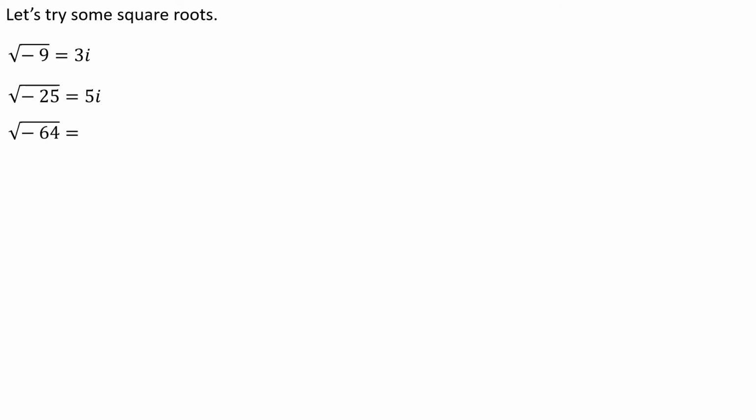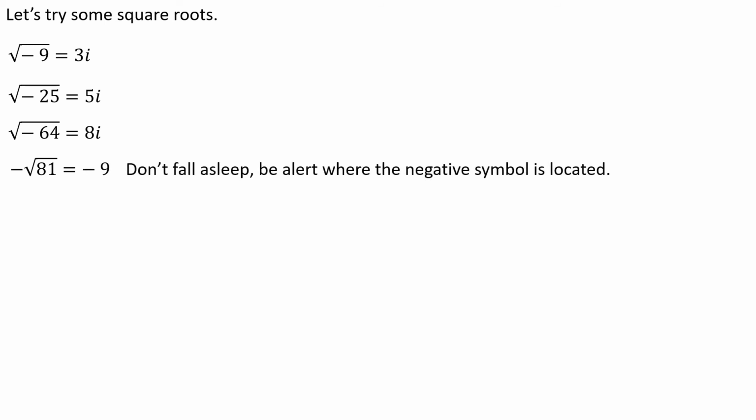Square root of negative 64, 8i. Negative square root of 81. Don't fall asleep. The negative was outside. You just get negative and then a plain old 9. Square root of negative 4, 2i.